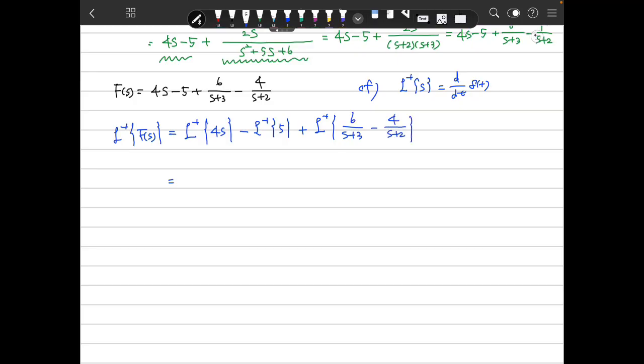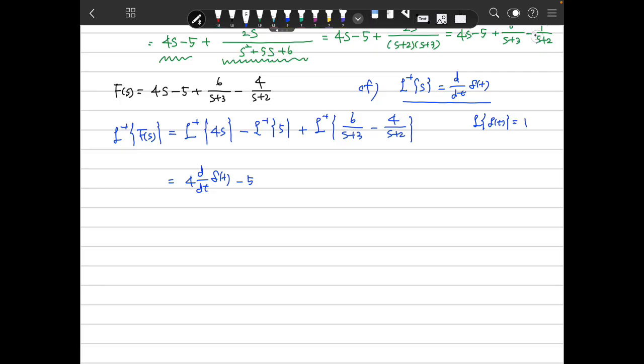So there will be 4 times the derivative of the delta function, and minus 5 times the inverse Laplace of 1, which is delta t.